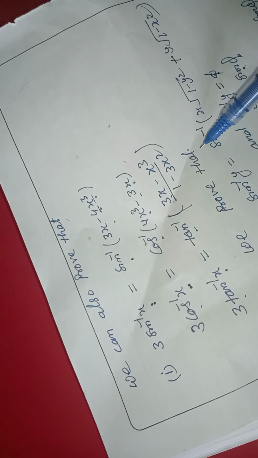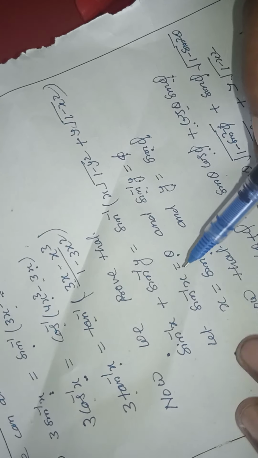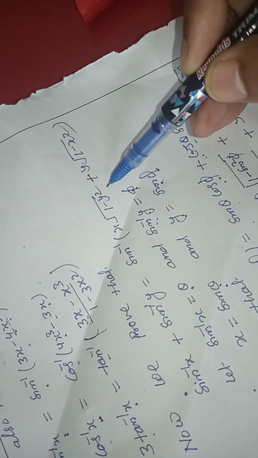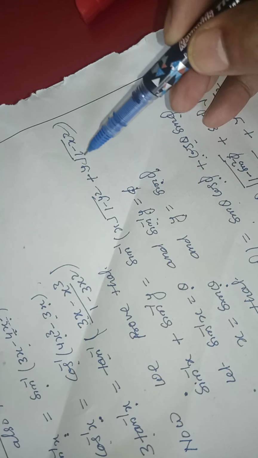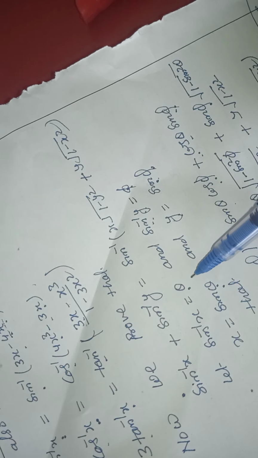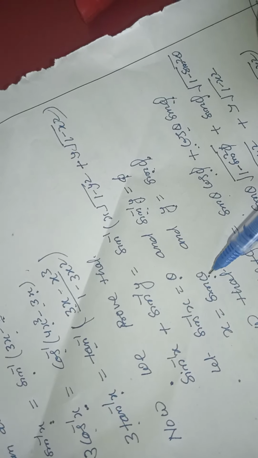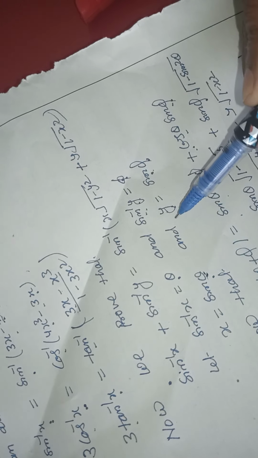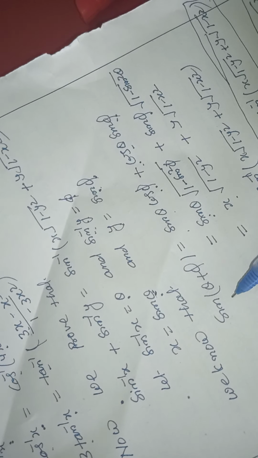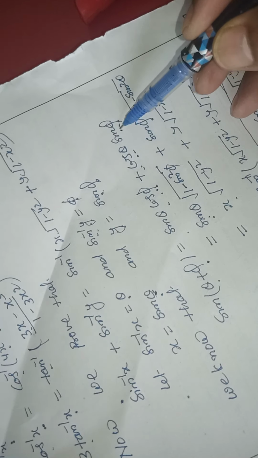Now we will also prove that sin inverse x plus sin inverse y is equal to sin inverse of x under root 1 minus y square plus y under root 1 minus x square. For this, let sin inverse x be equal to theta and sin inverse y be equal to phi. This will be x is equal to sin theta and y is equal to sin phi, and we know that sin of theta plus phi is equal to sin theta cos phi plus cos theta sin phi.